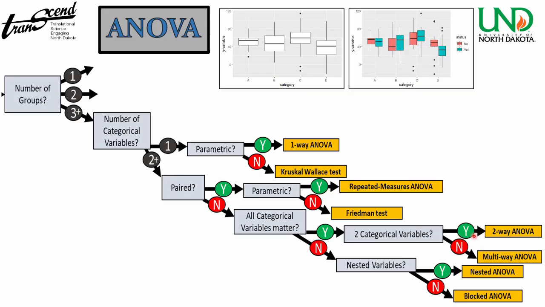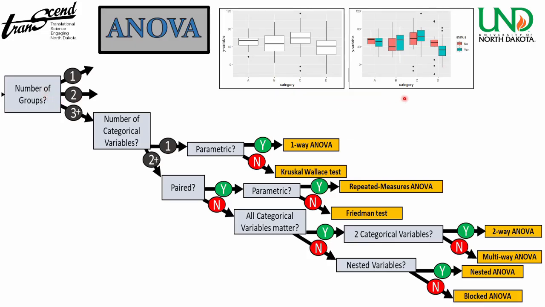That's where you have two categorical variables, and they have different groups within their variables. There's an example here: you maybe have status, no and yes, and category A, B, C, and D. And you notice once you get up to two-way ANOVA, two variables or more, the number of groups doesn't matter as much anymore.